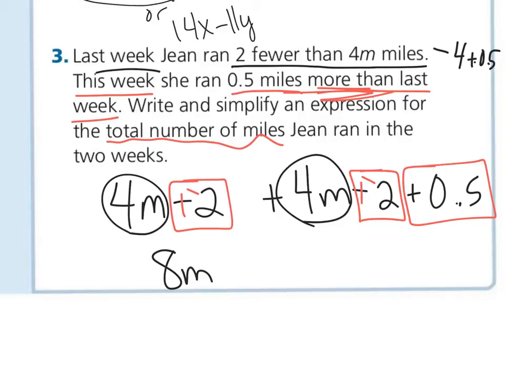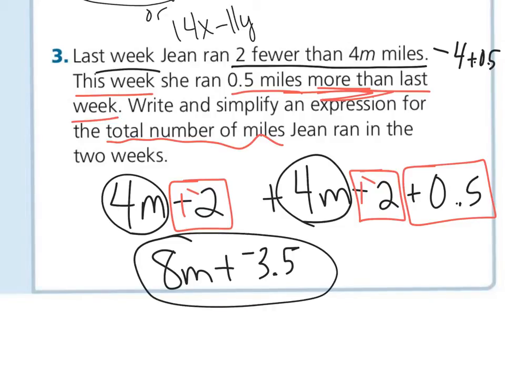We have more negatives by 3.5. So 8m plus -3.5 would be an expression for the total miles Jean ran. We could also write this as 8m minus 3 5/10.